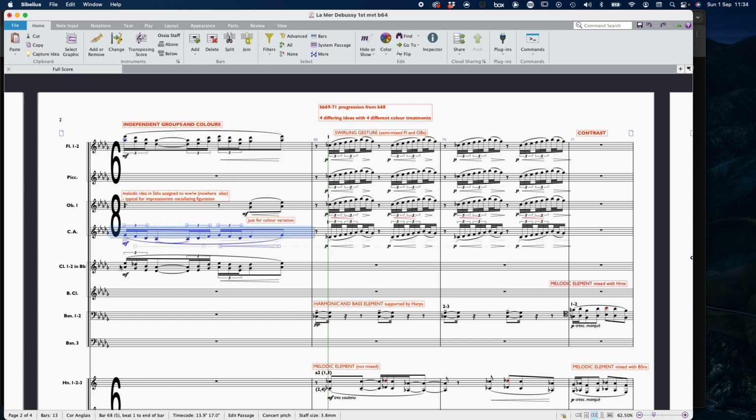And we've also got the clarinets, which are an octave lower than that. We've also got the cor anglais, which is playing an octave lower than the clarinet 1. Remember, it tends to have that sort of octave doubling role.